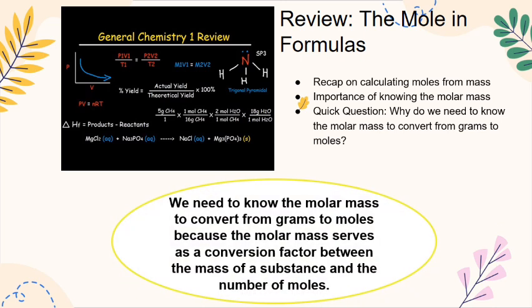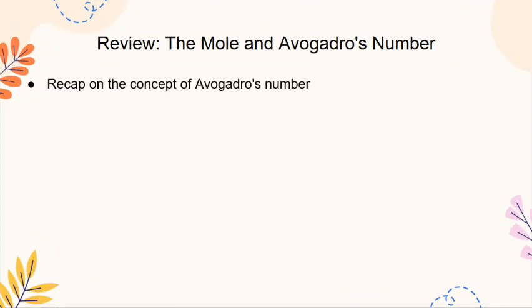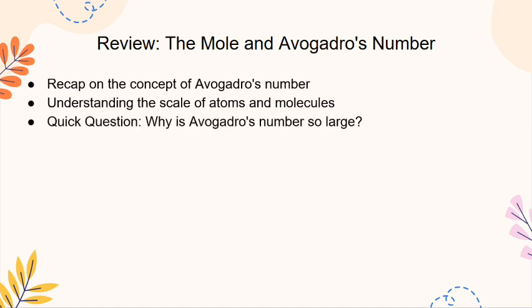Okay, just take a look at this. Why is Avogadro's number so large? You can also pause this video, try to think and see the response you likely give yourself before you check the answer.